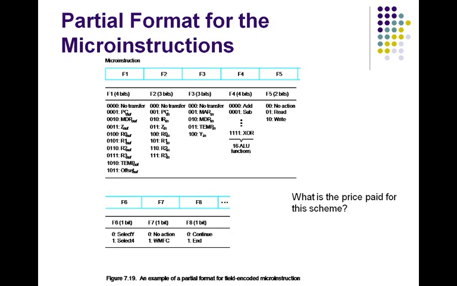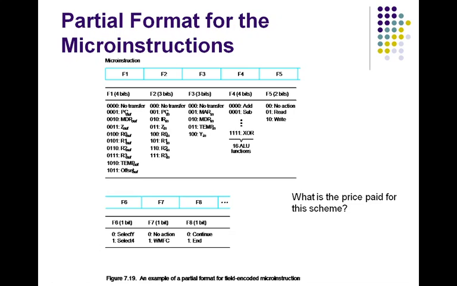Most fields must include one inactive code for the case in which no action is required. For example, all zero pattern in F1, so you can see here F1 is there, right?